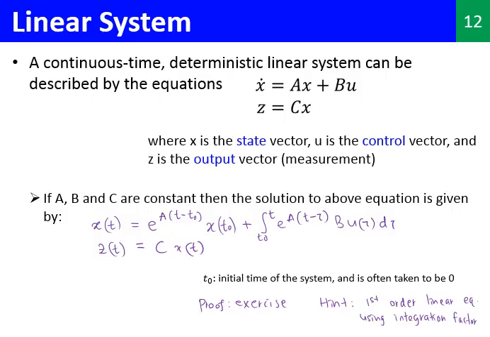Now here another thing to note is that what is present in this term as well as in this term is a matrix, right? So we call this a matrix exponential.